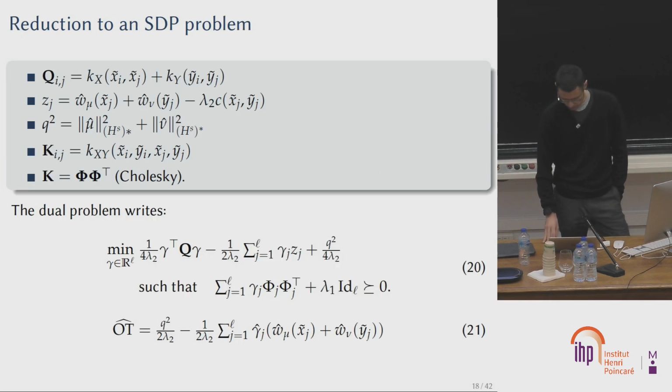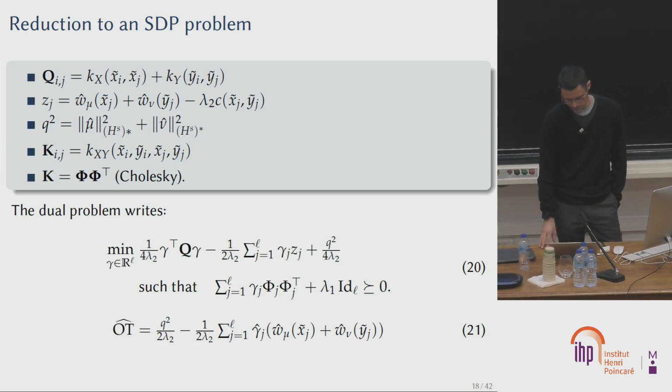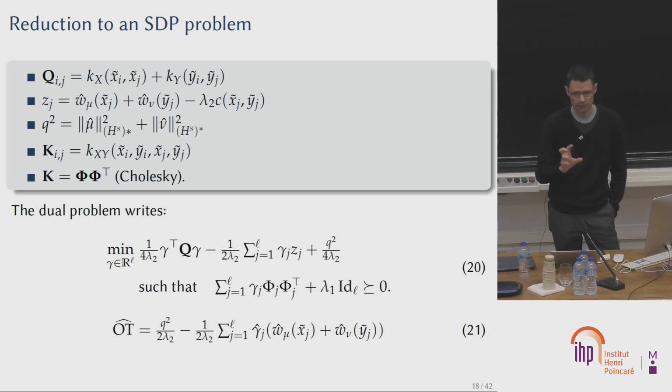Okay. And now what's interesting here is that we are using reproducing kernel Hilbert space. We have nice associated kernels, and we can reformulate the previous sampled formulation, sampled estimator, using the kernel trick.